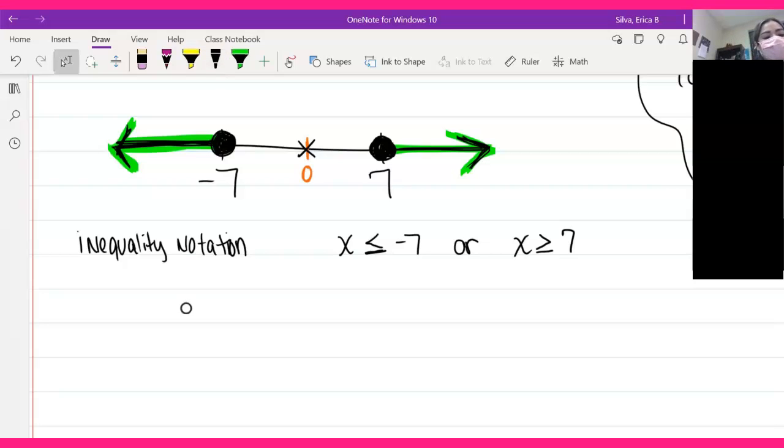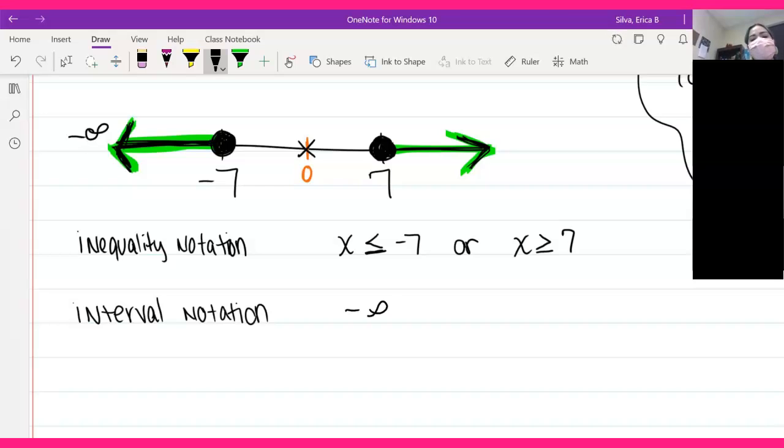Okay, let's go ahead and do interval notation. And for interval notation, that's when we use the parentheses and the brackets. So because it's going to negative infinity, that arrow tells us it's going to negative infinity, we're going to start at negative infinity.